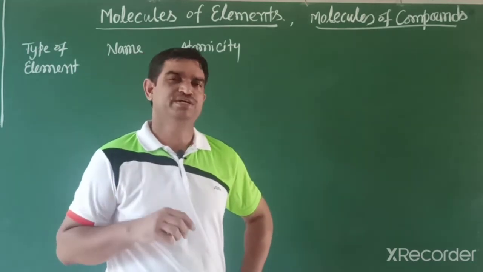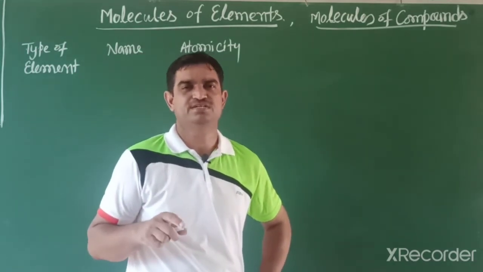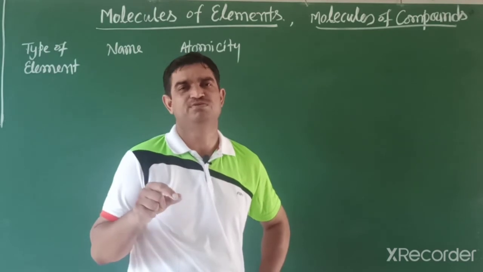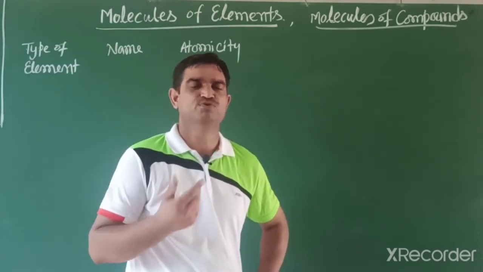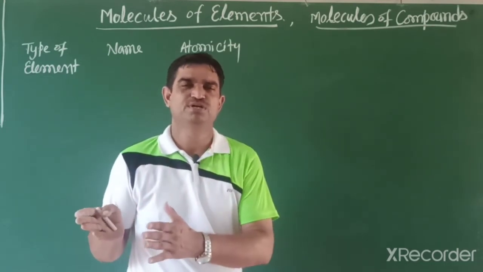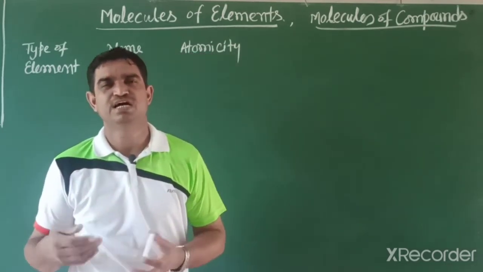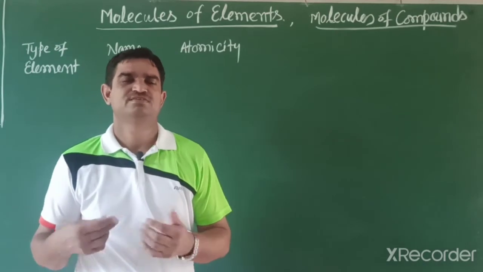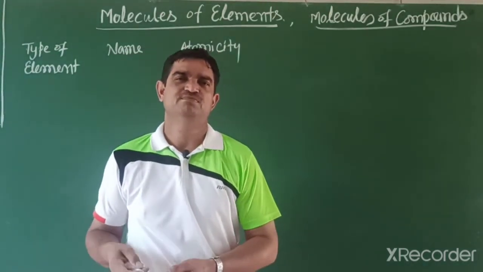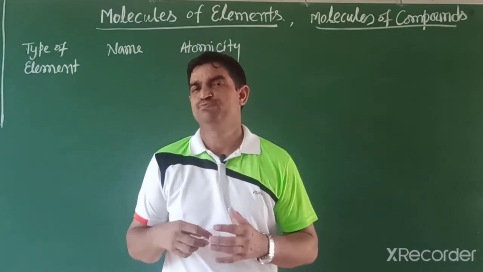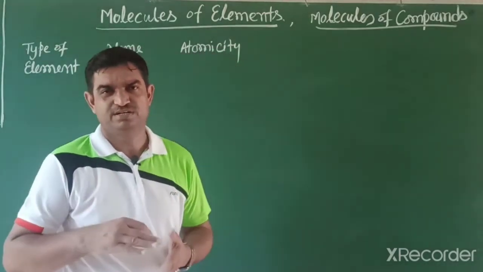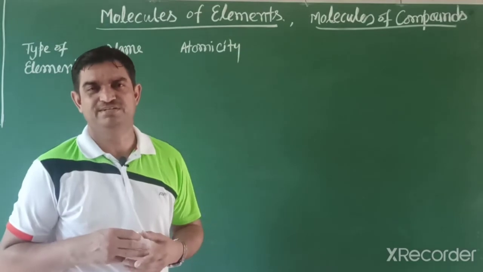Like noble gases, inert gases do not react, their molecule is found as a single atom, and that molecule is known as monoatomic. If any molecule has two atoms, that is known as diatomic. 3 is triatomic, 4 atoms tetraatomic, and more than 4 is known as polyatomic. Now we can write some examples here.